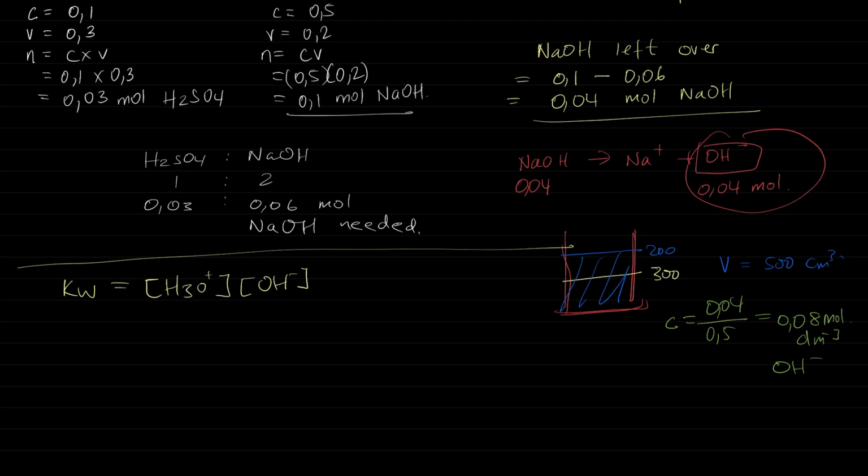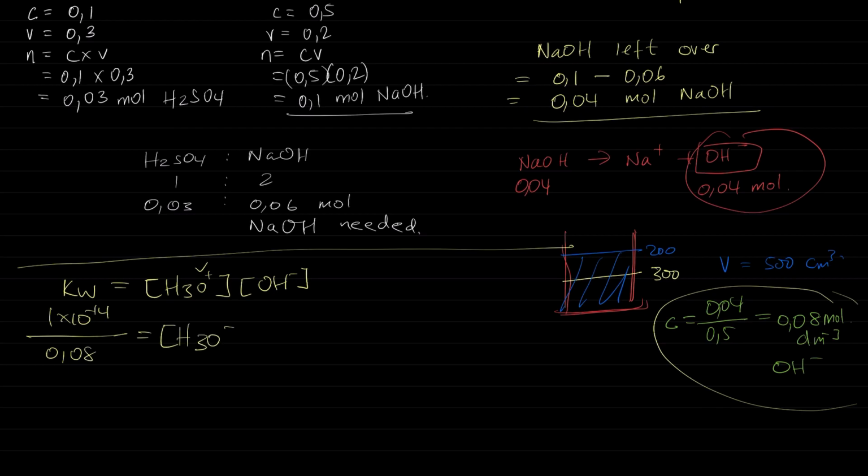Since we want the concentration of H3O+, we can say that Kw, which is 1 times 10 to the negative 14, divided by the concentration of my OH-, which is 0.08, is equal to the concentration of the H3O+. This then works out to 1.25 times 10 to the negative 13 moles per dm³, and that's the concentration of H3O+.